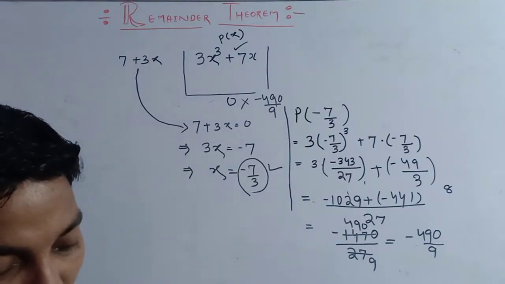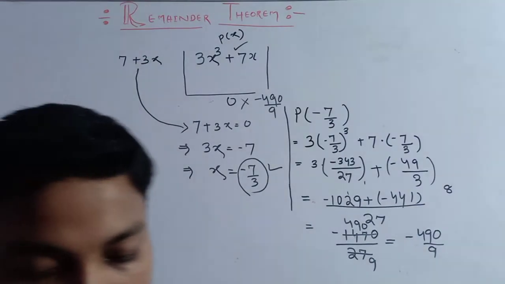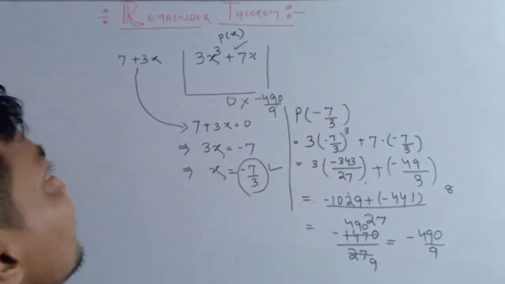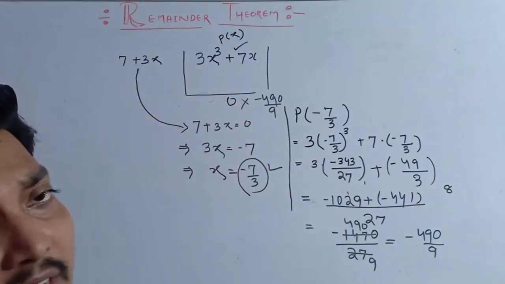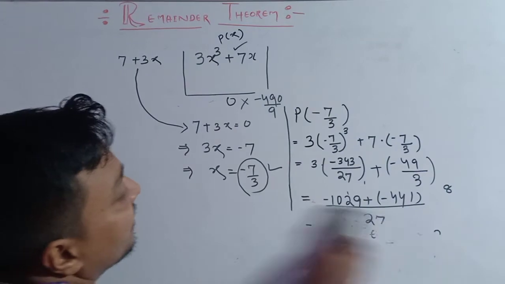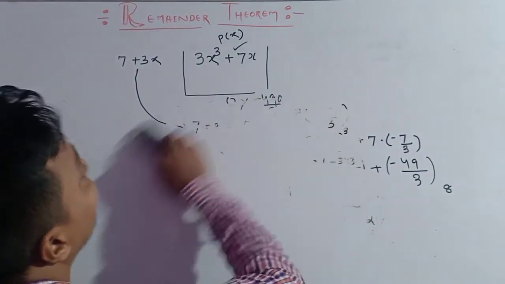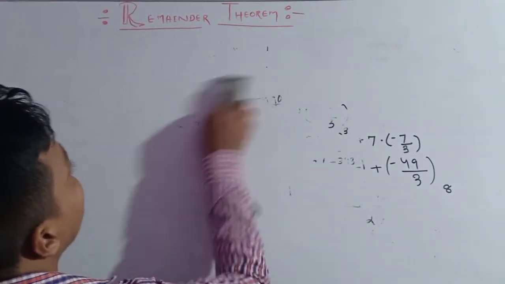Understood or not understood? Now I am going to tell you the statement of the remainder theorem. Remember the statement of the remainder theorem, I will say it in two ways.